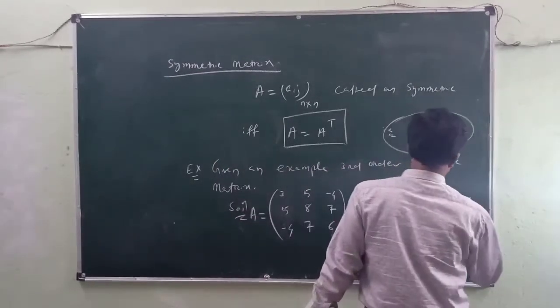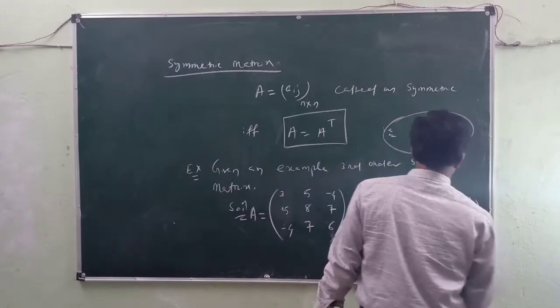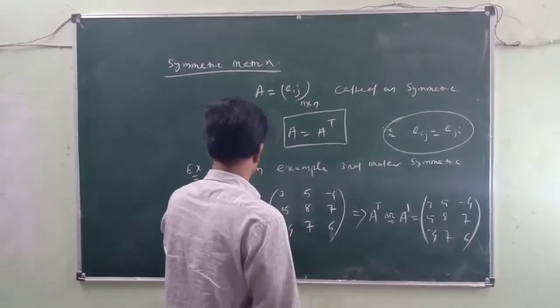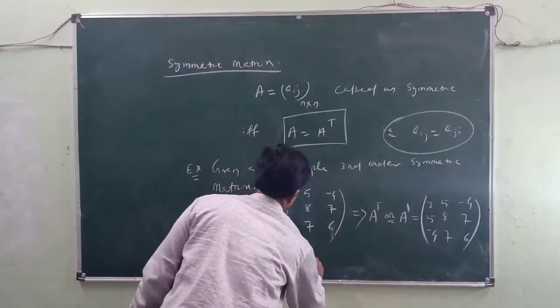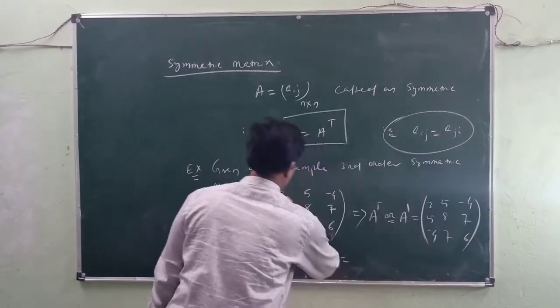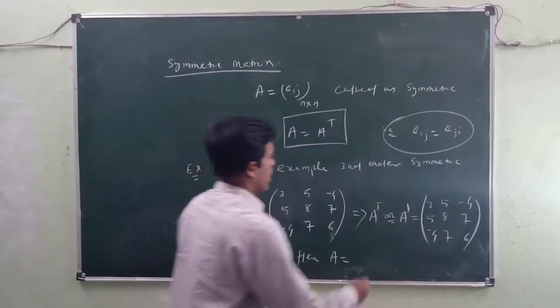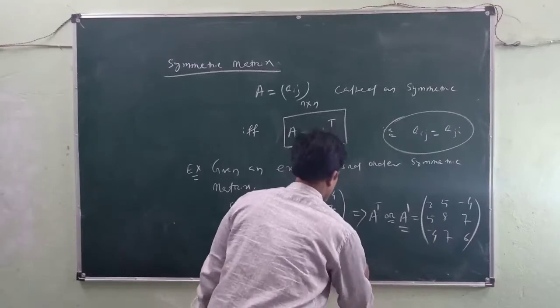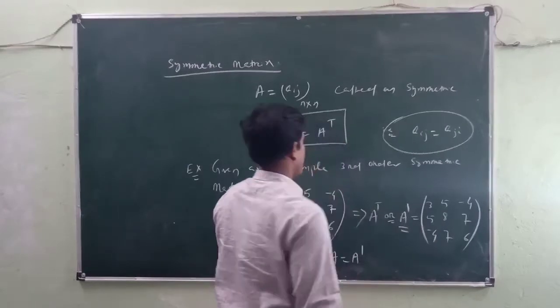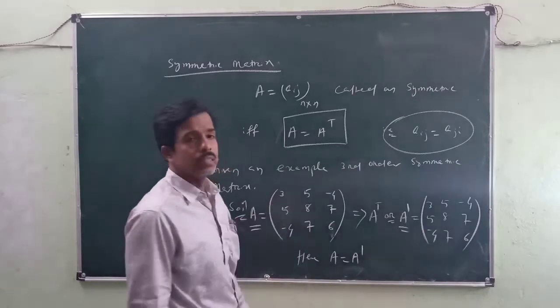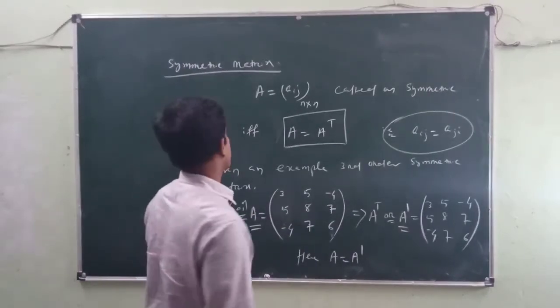Look whether A equals A transpose or not. Here A and A transpose are equal. So hence this is an example of a symmetric matrix.